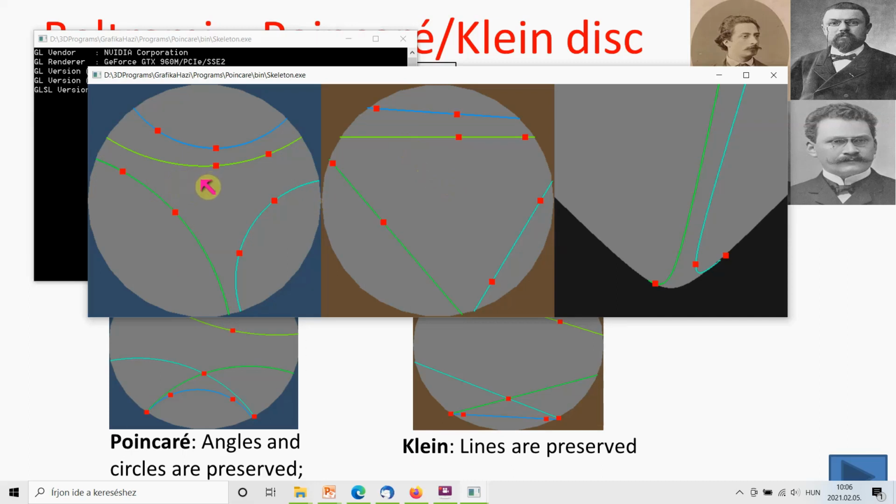The second axiom is that every line has at least two points. This is pretty obvious in both maps. So let us see the third axiom. If we have a line defined by two points and a third point that is outside of this line, then there are many lines that do not intersect the original line.